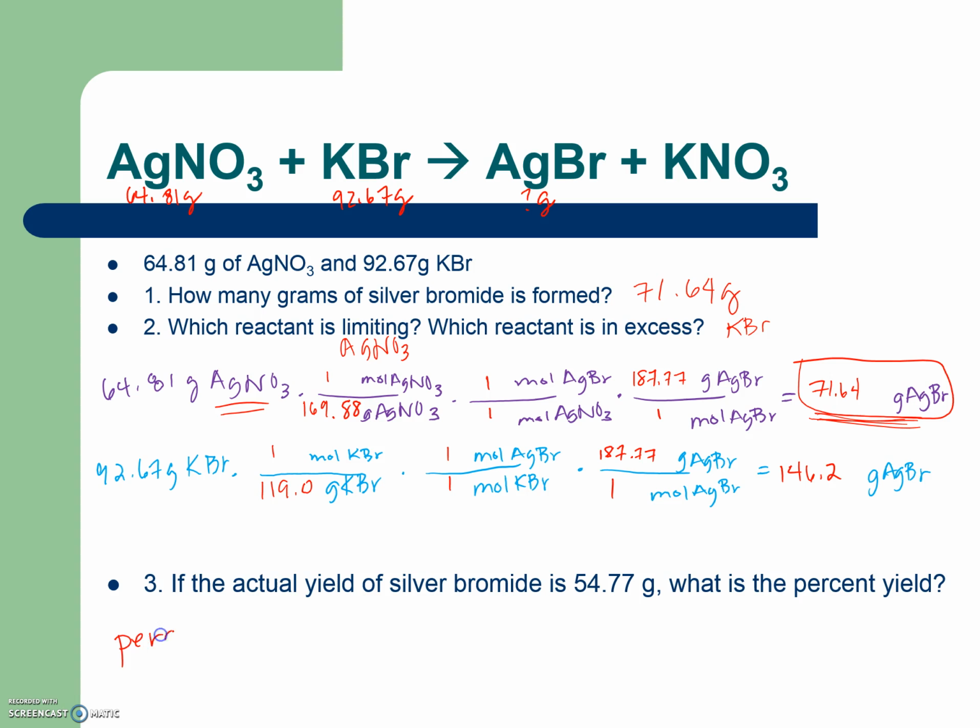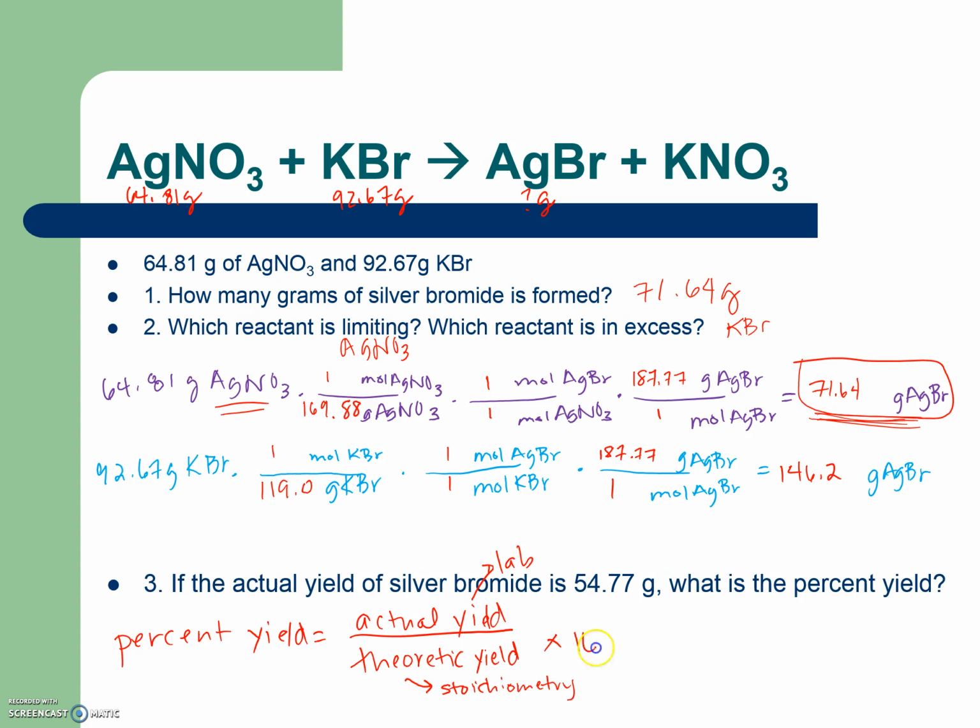The percent yield is equal to the actual amount that you get, so the actual yield, this is from the lab, over the theoretical yield, which is what you get from stoichiometry problems. And you multiply it by 100.